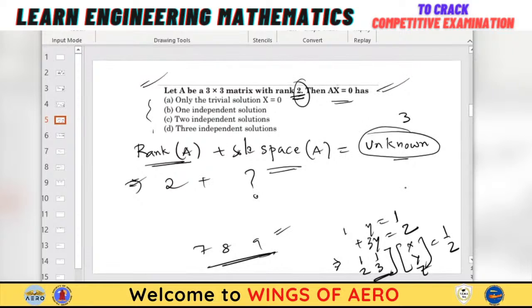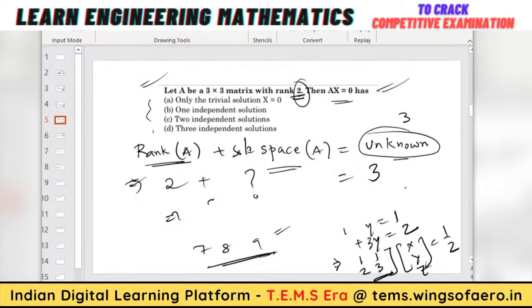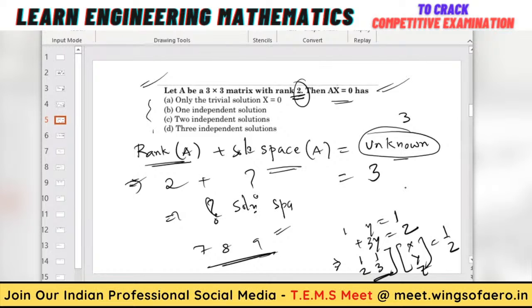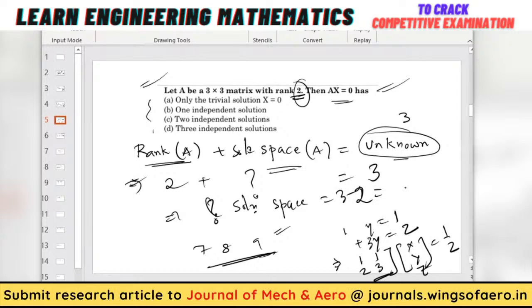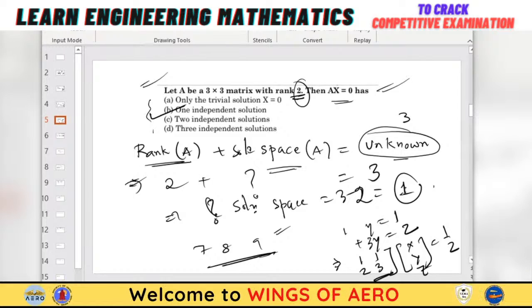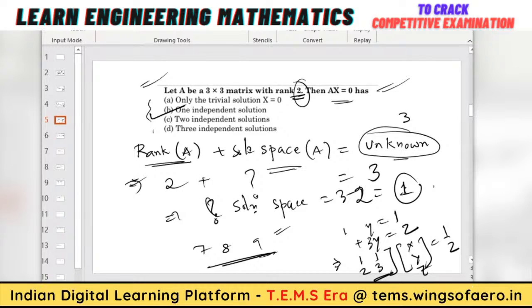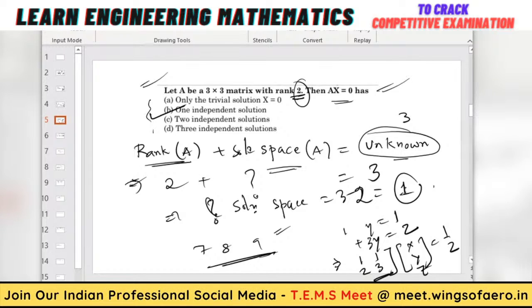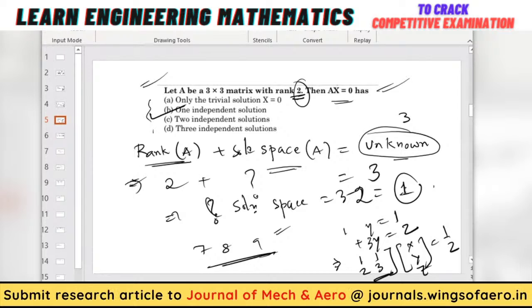It is 3 minus 2, which is equal to 1. So one independent solution is there. Very easy, just take 5 seconds at max. But the question pattern is changing in the GATE exam, so these tricks you have to remember.